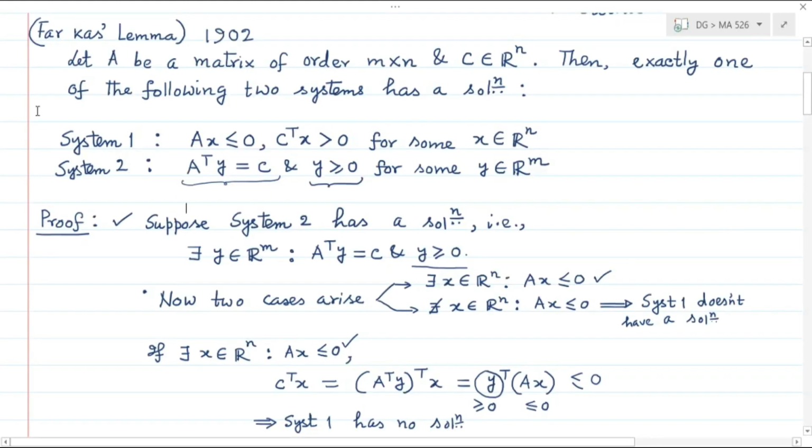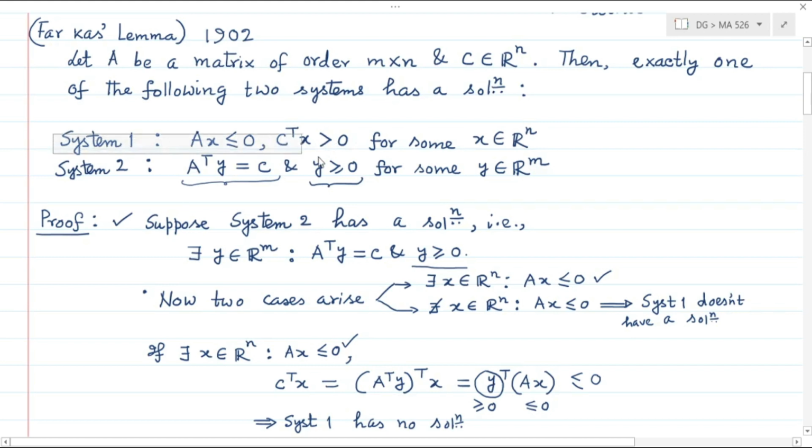Yes, here is the Farkas lemma. It says that if A is a matrix of order m by n and c is an n-dimensional vector, then exactly one of the following two systems has a solution. System 1 says Ax less than or equal to 0 and c transpose x greater than 0.